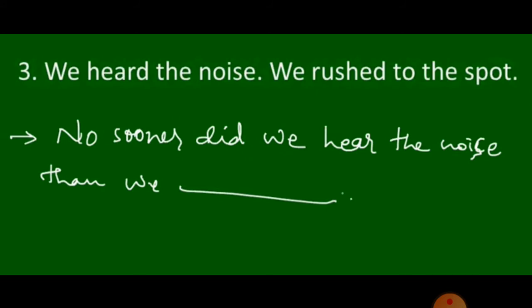The answer: no sooner did we, we are placing no sooner in front, then did we. Okay, we is in the sentence. Now again, heard is used, so we are removing heard and placing the first form, that is hear. The noise. Remove the full stop. If we remove the full stop, what are we placing there? THAN, then. Then we rushed to the spot.